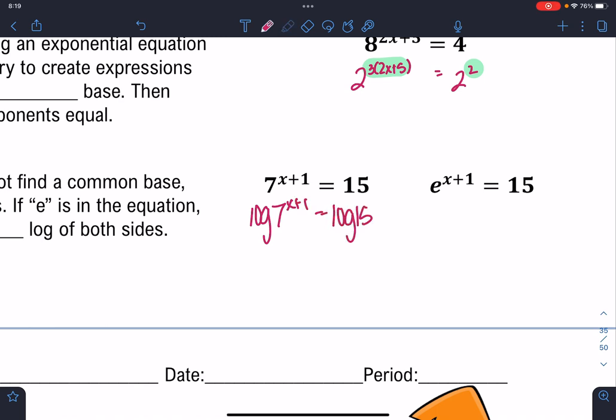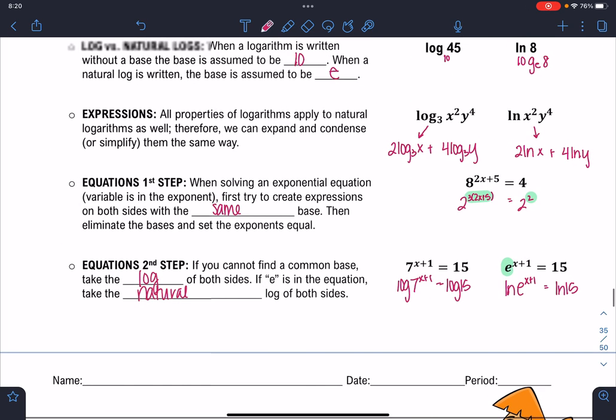If I have a base e, we have a log that will cancel that out right away, the natural log. So I can take the natural log of e to the x plus 1 equals natural log of 15, okay?